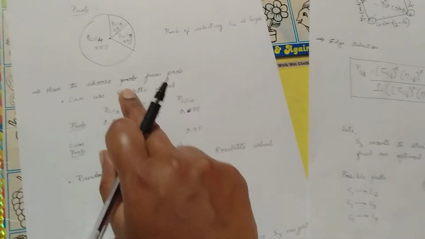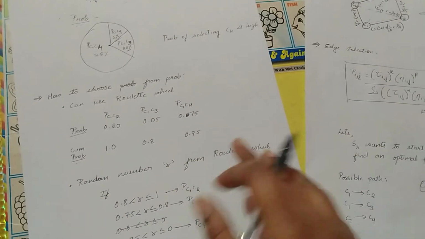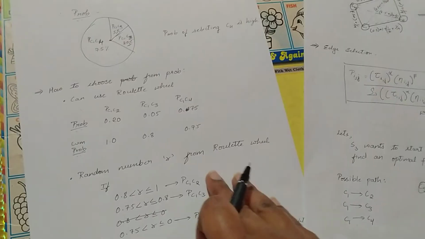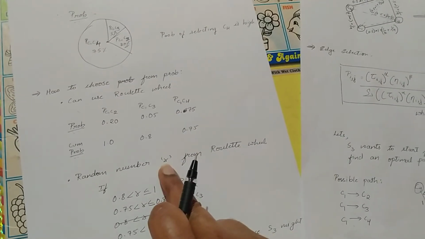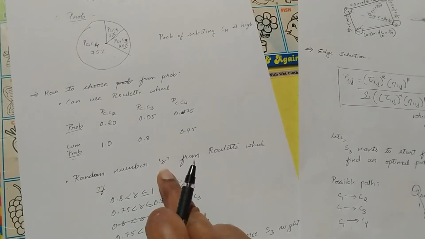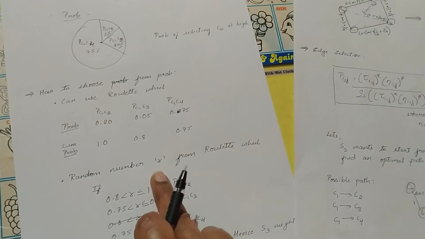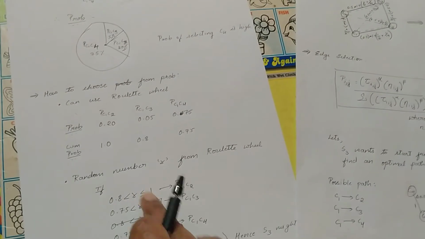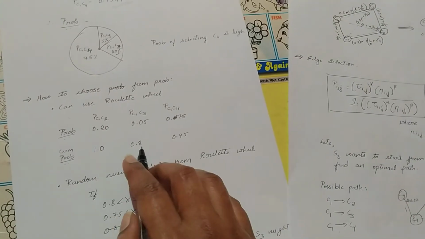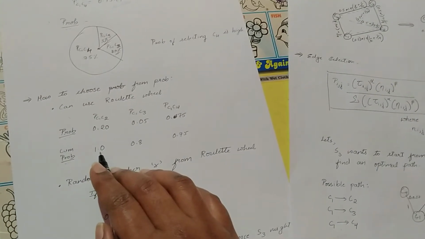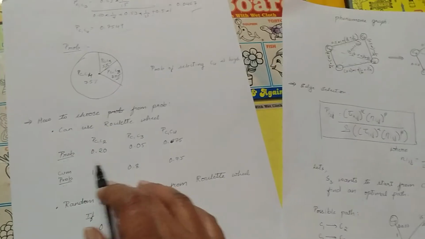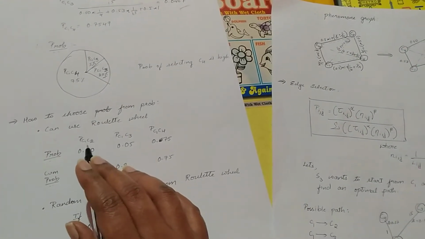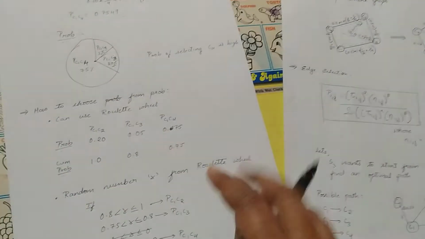Now, in a roulette wheel, if I get some R value, that will be a random value, and we check where it lies. If the random value lies between 0.8 and 1, that is 1 or less than 1 but above 0.8, then it belongs to C1 and C2, meaning C1 and C2 is considered.